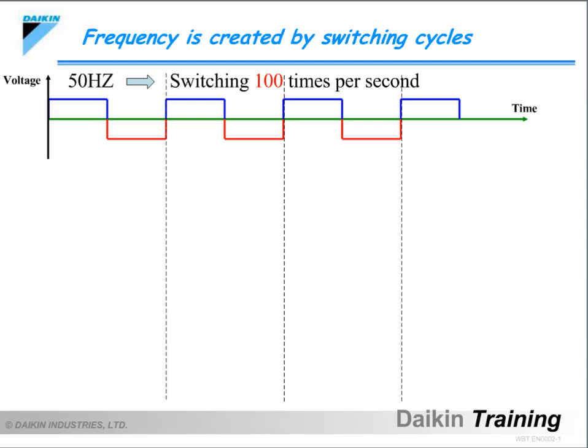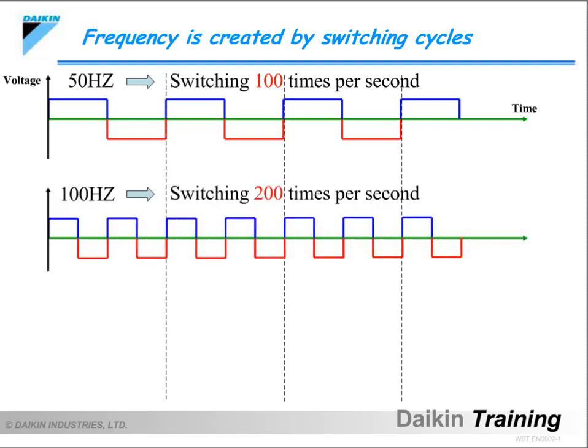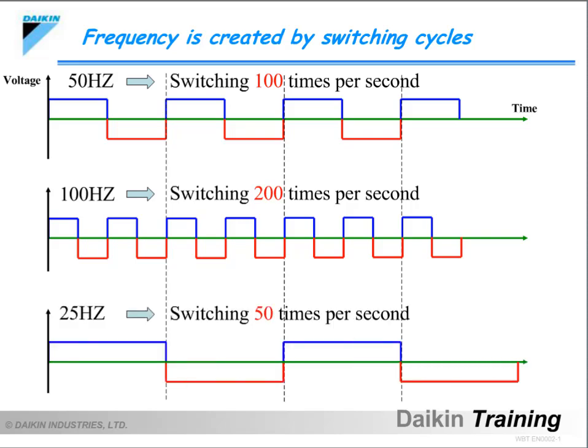If the switching 100 times per second results in 50 Hz frequency, twice as much switching results in 100 Hz frequency. And if the number of switching times for 50 Hz is halved, it results in 25 Hz frequency. To put it differently, various frequencies can be created in proportion to the number of switching times per second.